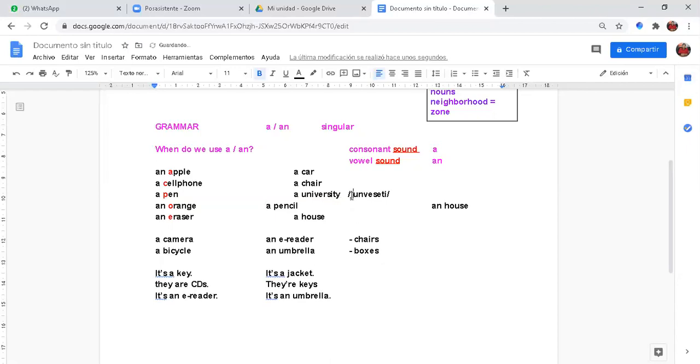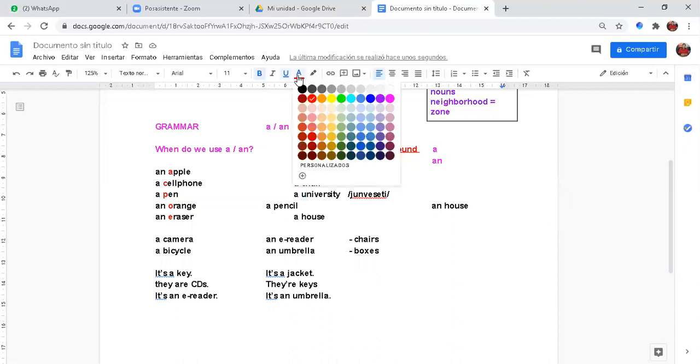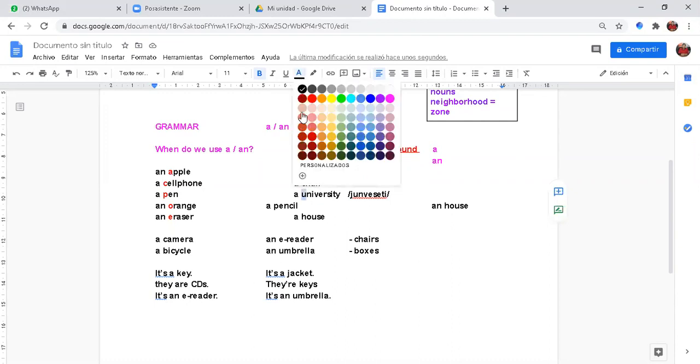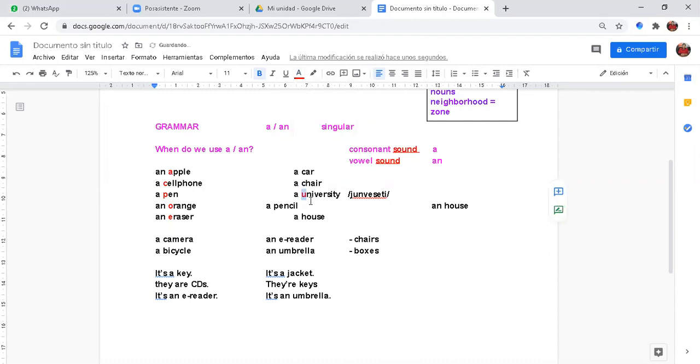This is consonant sound, and because of consonant sound, you need a. Because of consonant sound, you need a university.